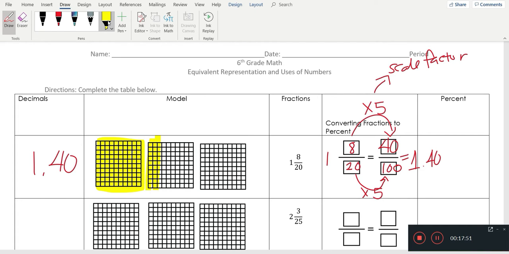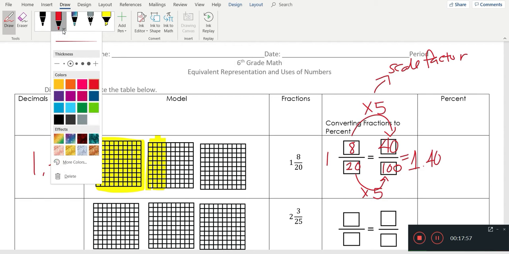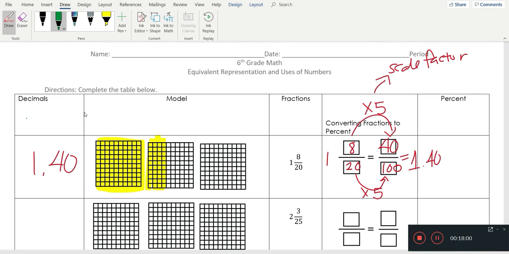Then we're going to move to the right twice to make it a percent, because Dr. Pepper, right? Decimal to percent, D to P. So twice, 1, 2. Make that a percent symbol. Therefore, that's 140%. Alright.